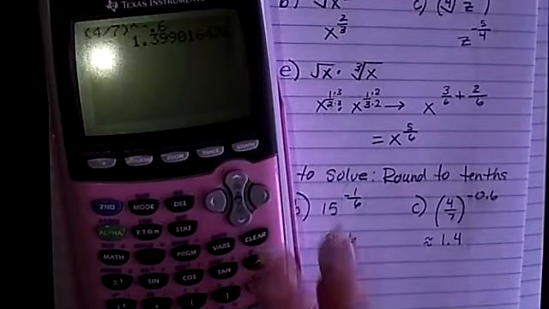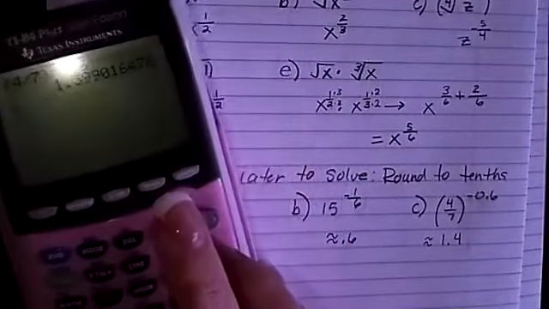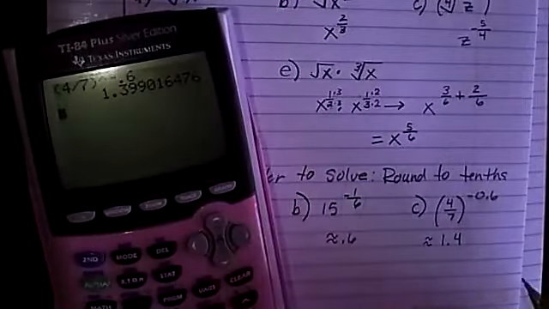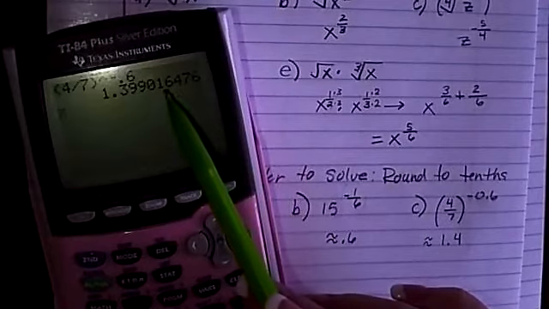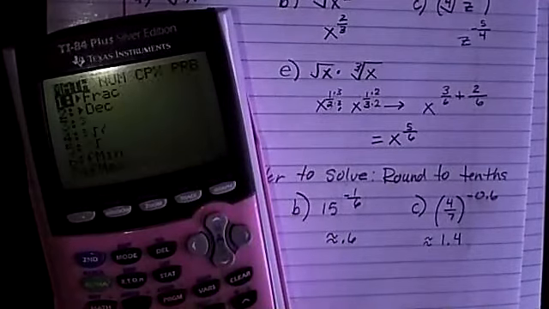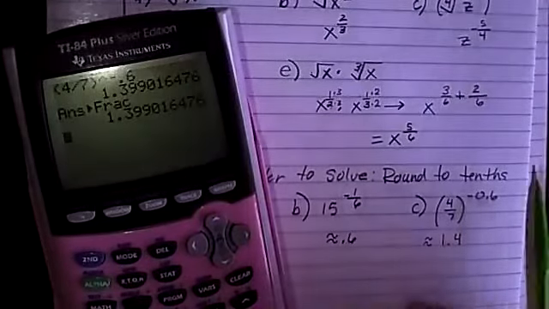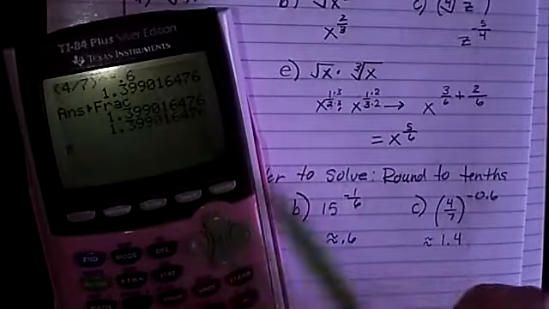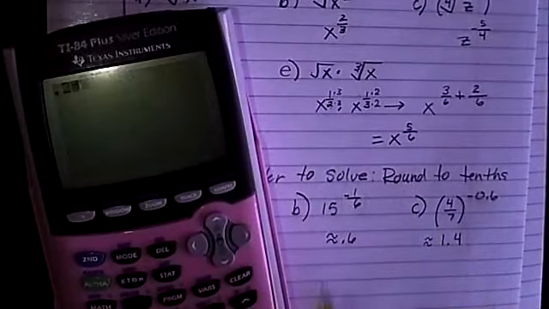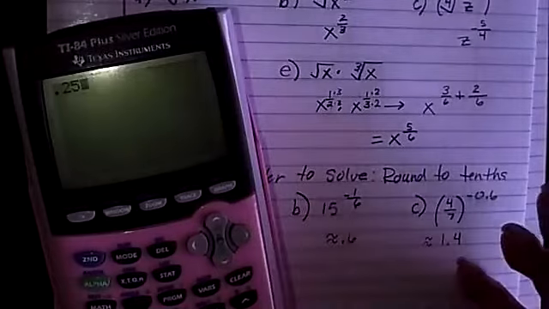Now, just to kind of show you this on your calculators, it's kind of hard because you guys aren't in class, but if you wanted to take this and put it into a fraction, you could just go to math, and you see where it says fraction there? You just hit 1, enter, and well, okay, the reason why I won't do that is because it's not going to go back into a regular fraction, but let's say I had something like 0.25, and I wanted to know what that was as a fraction.